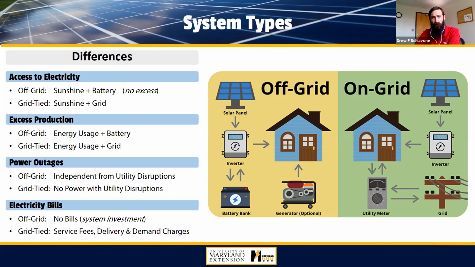So a little bit of difference there, but I do want to re-emphasize a point that there's usually a misunderstanding on this to some extent. If you are tied to the grid and you're using PV to supplement your energy, if for any reason the utility line goes down from a storm event or from work being done on the line, your PV system will also shut down.